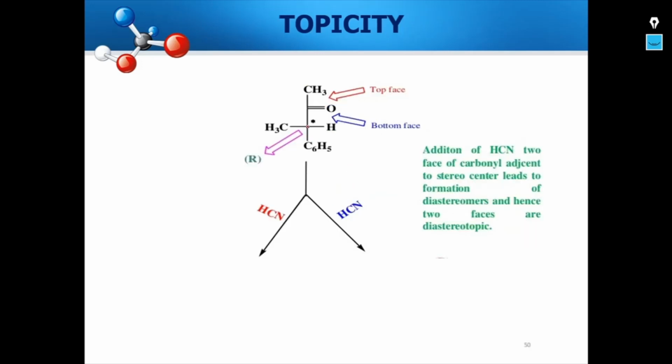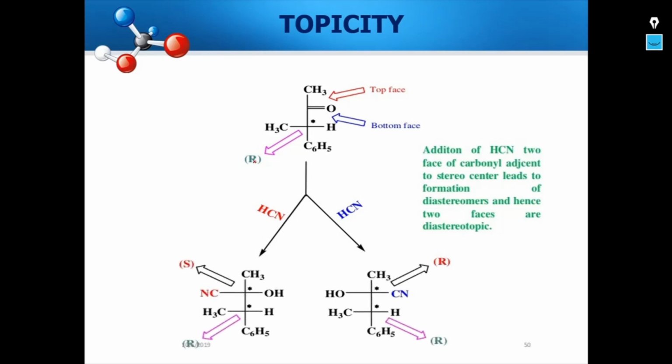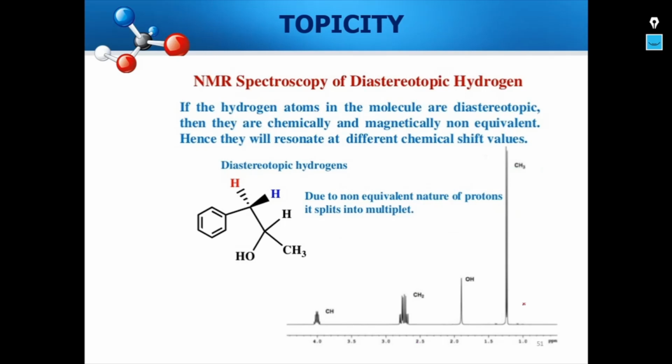So we have a top face and a bottom face, and this particular chiral center has an R configuration, and we perform a carbonyl addition reaction using hydrogen cyanide. The CN group gets added to the carbonyl carbon. So on addition of HCN, the two faces of the carbonyl adjacent to a stereocenter lead to the formation of diastereomers, and hence the two faces are diastereotopic in nature.